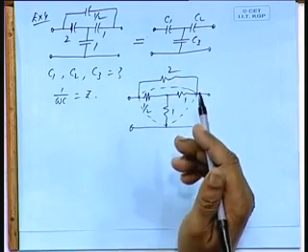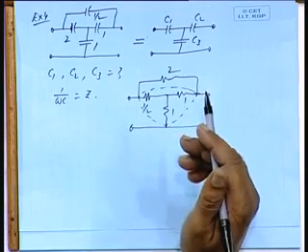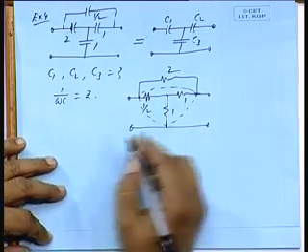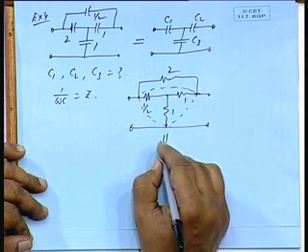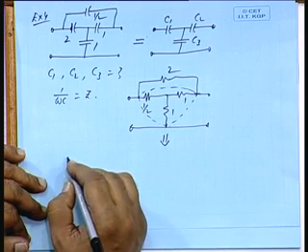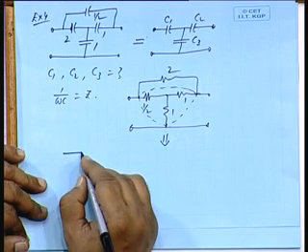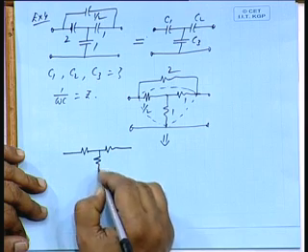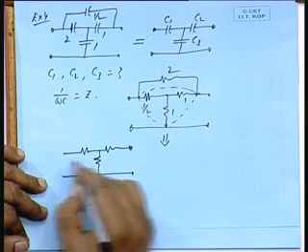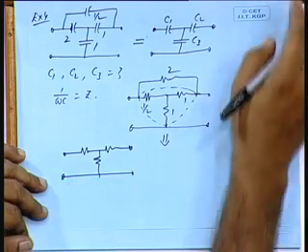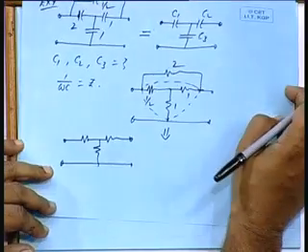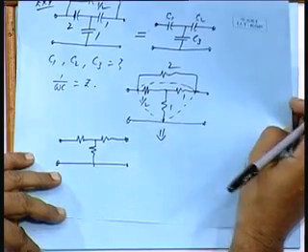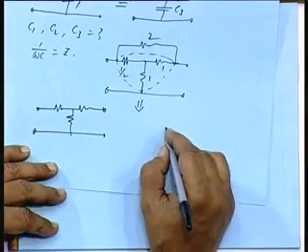So, if you just compute the equivalent of this star, I will just write in one shot. I hope you all remember the relationship between star and delta elements. You know how to remember?